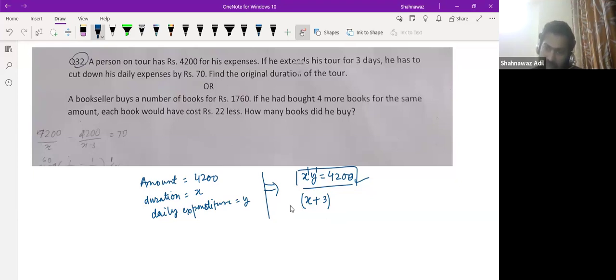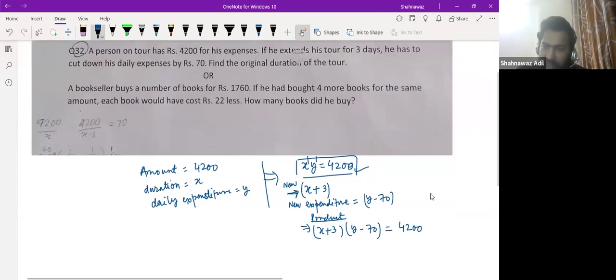So this is the previous duration plus 3, the new duration, and then you have the new expenditure, y minus 70. And the product of these two is 4200.